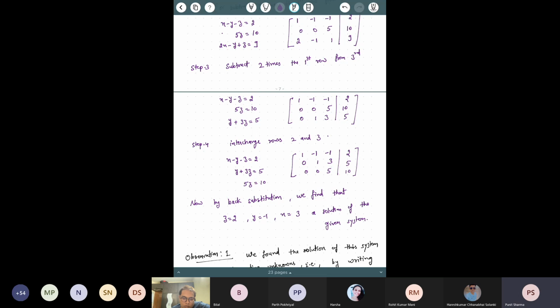So we have tried to eliminate some of the variables in some of the equations, and then when we have a simplified system, we use back substitution to find a solution of this system.